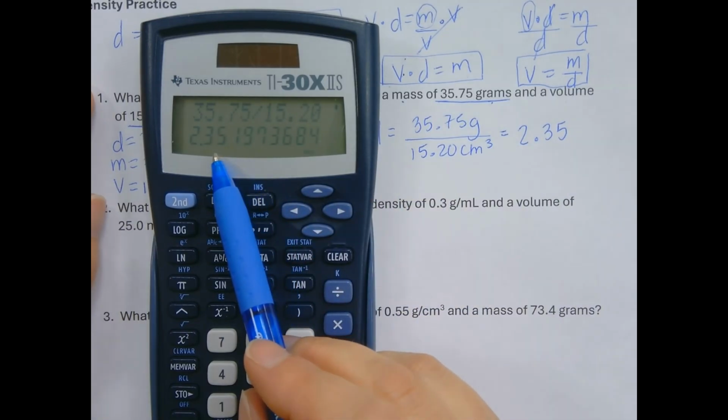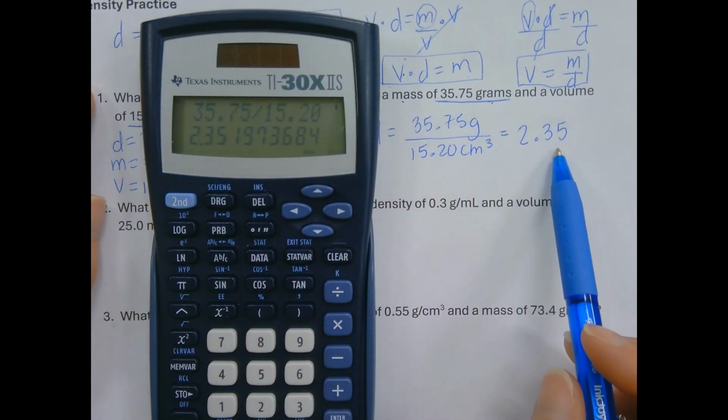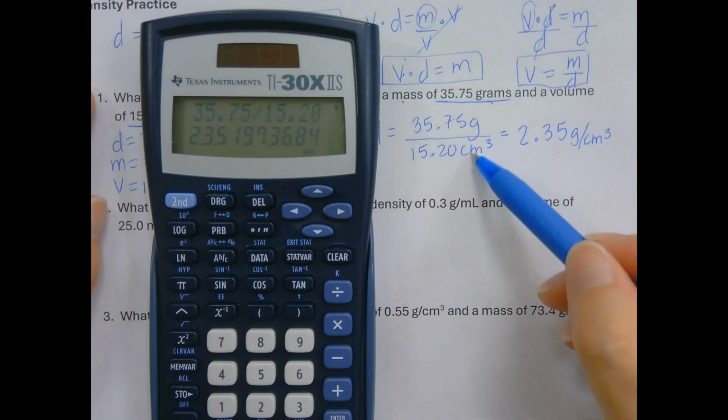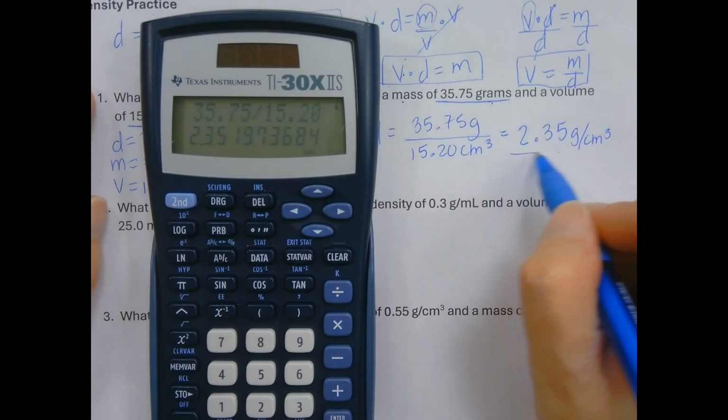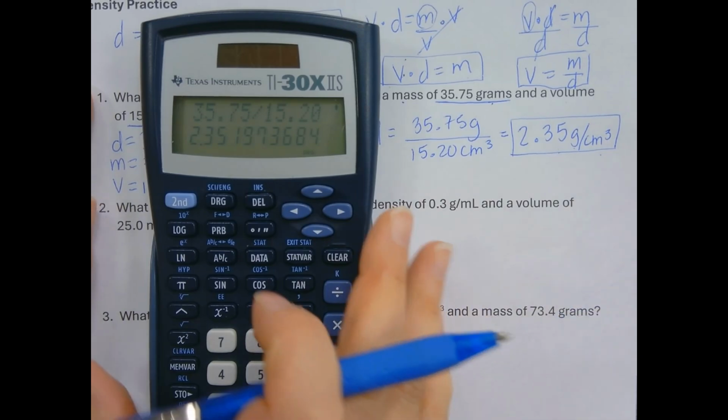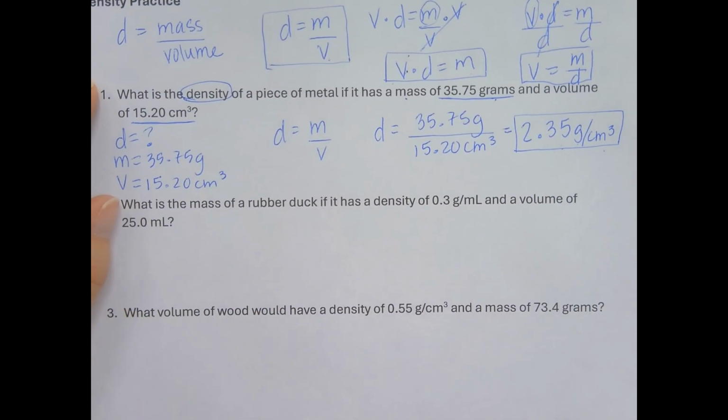The 1 does not round the 5, so we stop there. And then our units are grams per centimeter cubed because the units here don't cancel. And the units of density is how much stuff there is, mass, and how much space there is, volume. So this is our answer to our first example.